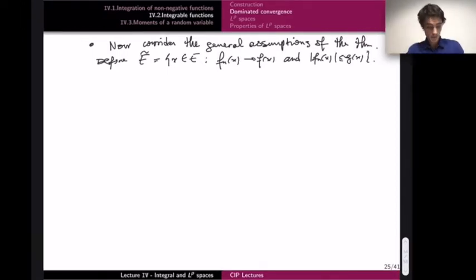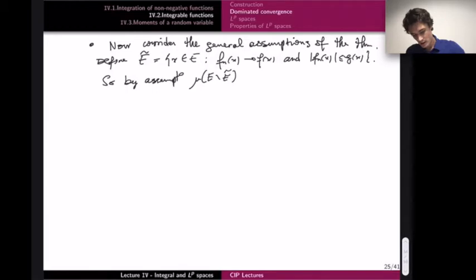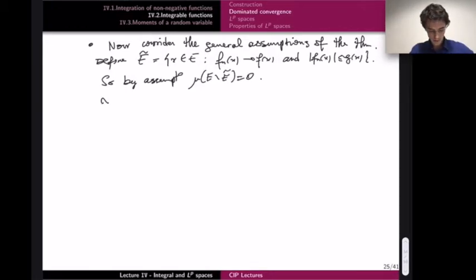So by assumption, because we have almost everywhere convergence and the fact that almost everywhere fn is smaller than g, the measure of E minus E tilde is 0. Okay, so you can now define fn tilde and f tilde as follows.